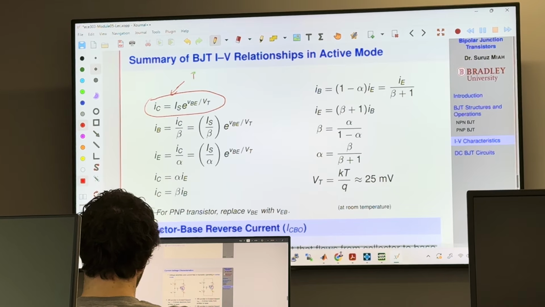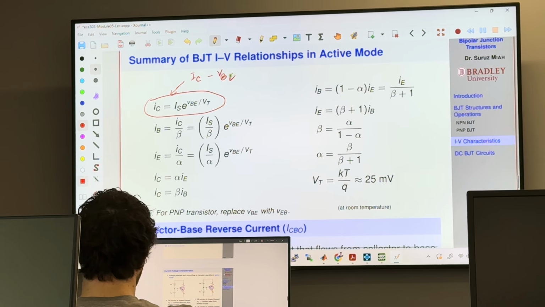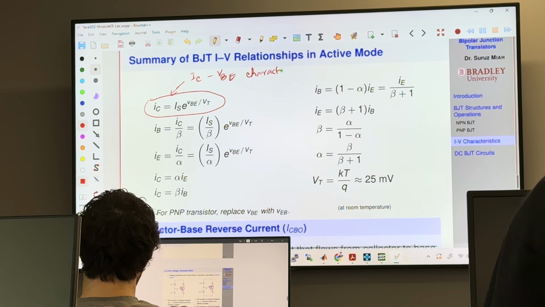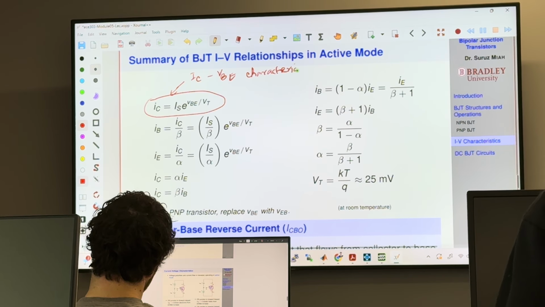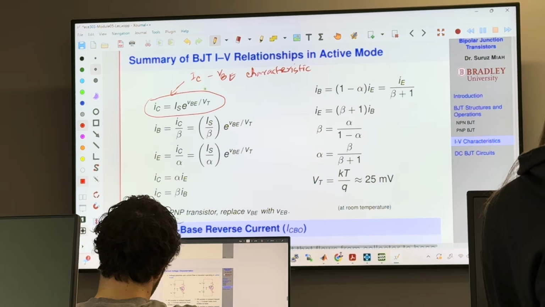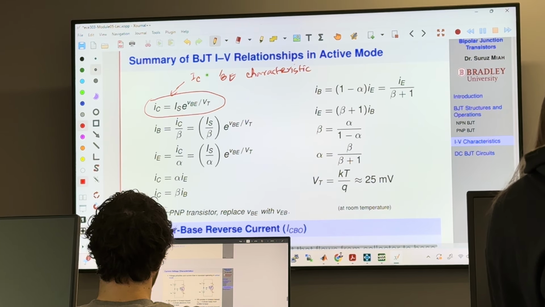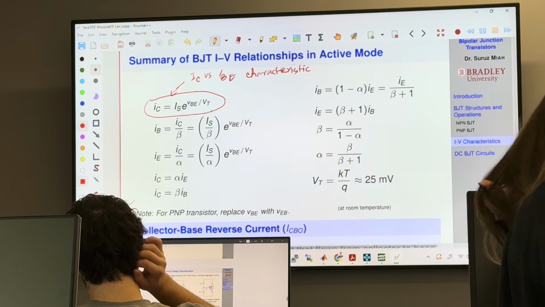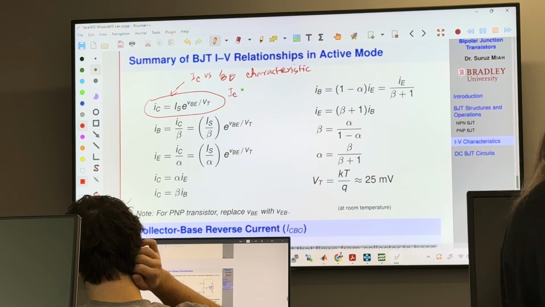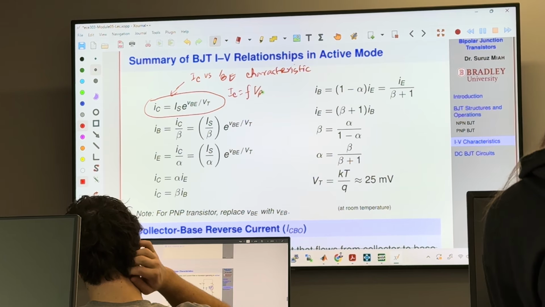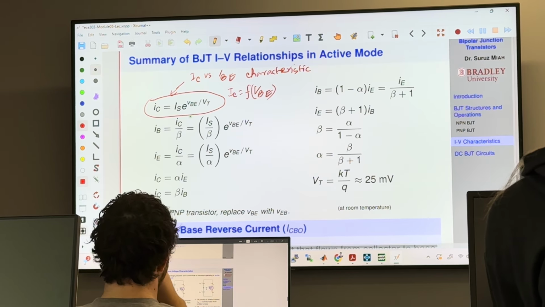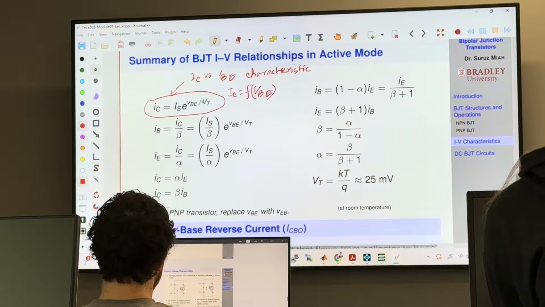It's the IC and VBE characteristics. IC versus VBE, it's not minus, guys, which means that IC is a function of VBE. Do you see that it's an exponential term?